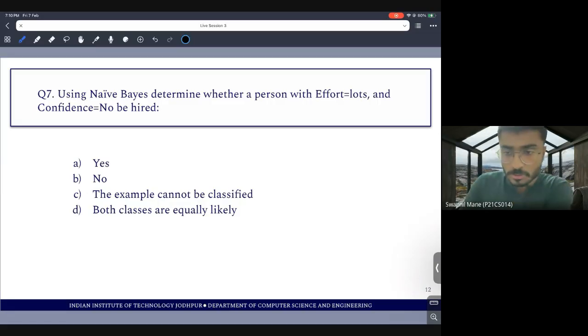Please try to solve this question and let me know which option is correct. This person has effort is lots and confidence is no. Is that person hired or not hired?